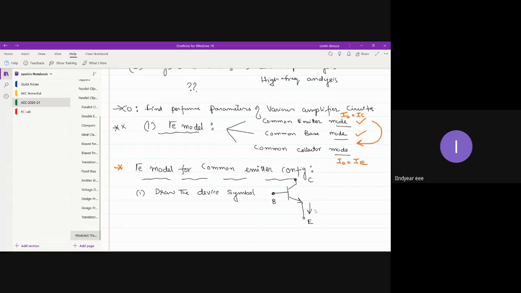Then you mark the currents: the emitter current, the base current, and the collector current, such that emitter current IE is the summation of the two transistor currents. The emitter terminal is common for the input circuit as well as the output circuit.